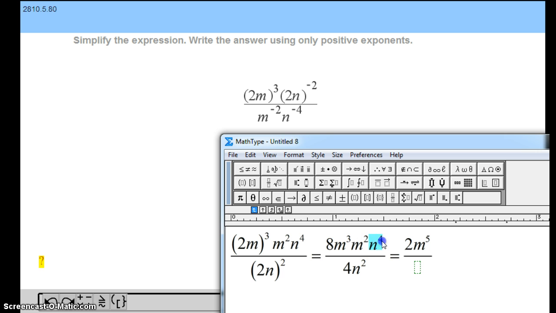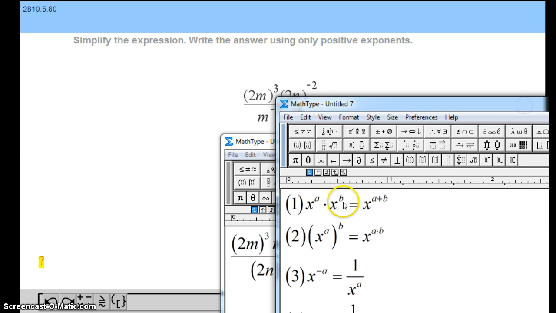Then we have n to the fourth and n to the 2. If it helps you to think about it, whenever you have a lower exponent, here 4 is the greater one and 2 is the lesser one, you can bring the lesser one to the top and put a negative in front of it. So we'll have n to the fourth times n to the minus 2. A slight variation of rule 1 would be x to the a times x to the negative b is a minus b.